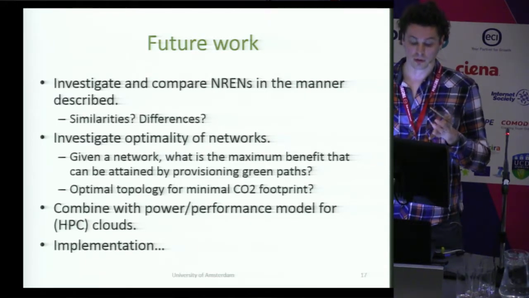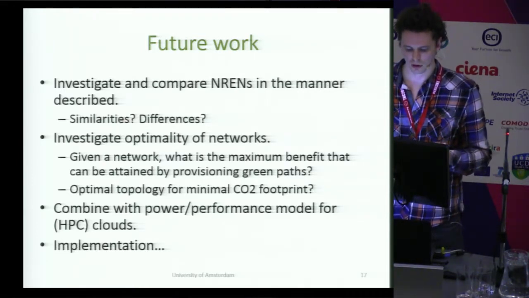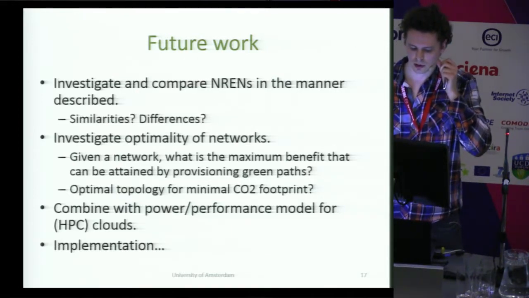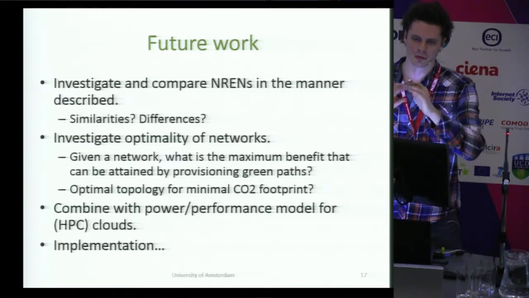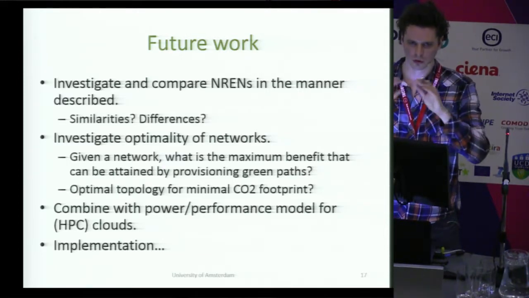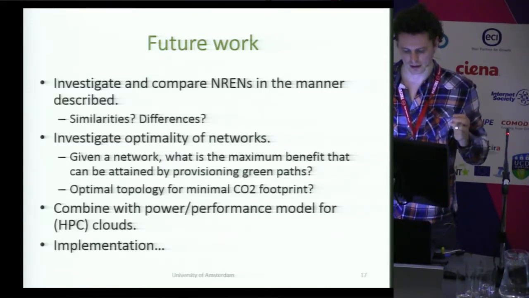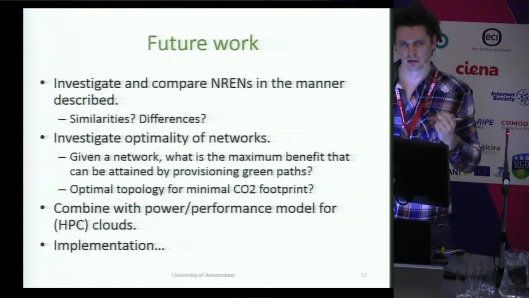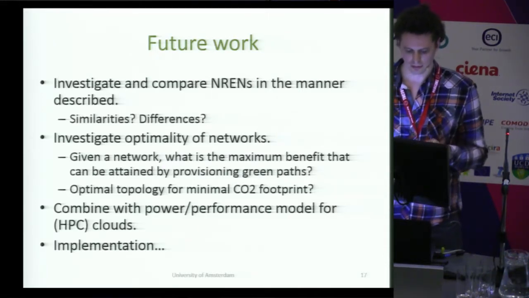And what would be an optimal topology for minimal CO2 footprint of your network? Also, later on to combine it with a power model for cloud, so that you can have a more holistic view of the whole ICT infrastructure. And implementation in the end.